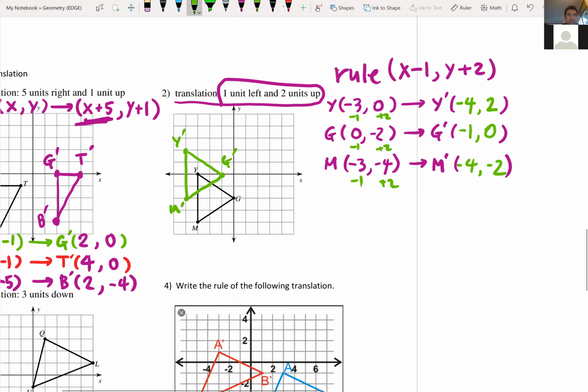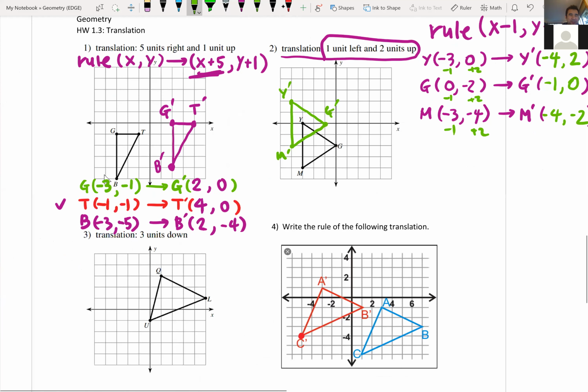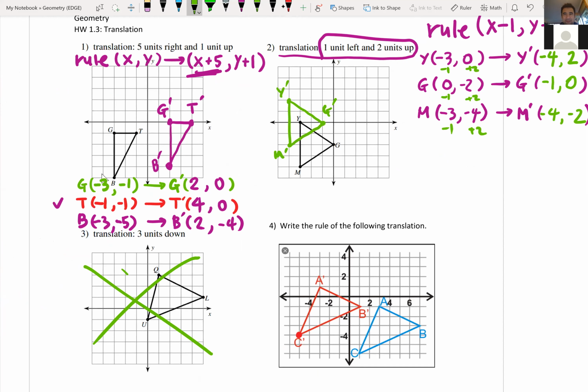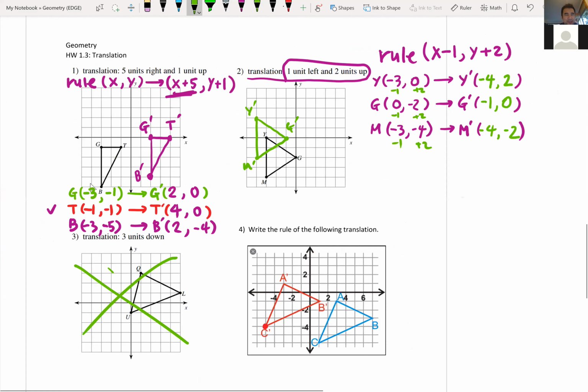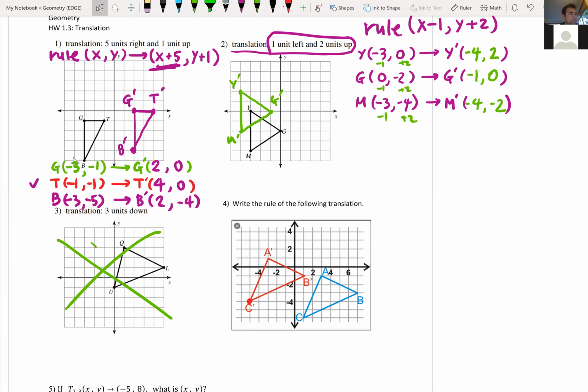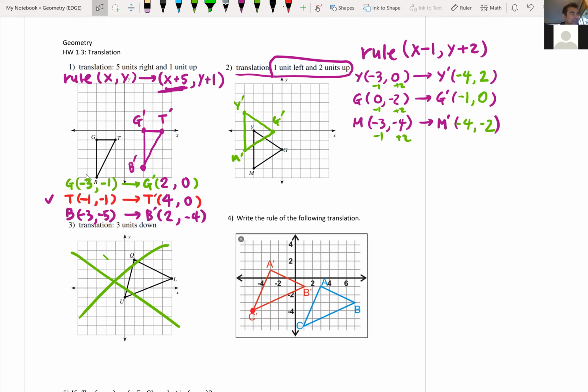Okay, let's skip number 3 because it's basically the same type of question. Maybe some of you might have already done number 3, but I'm sorry, let's skip that one. Is everybody okay so far?